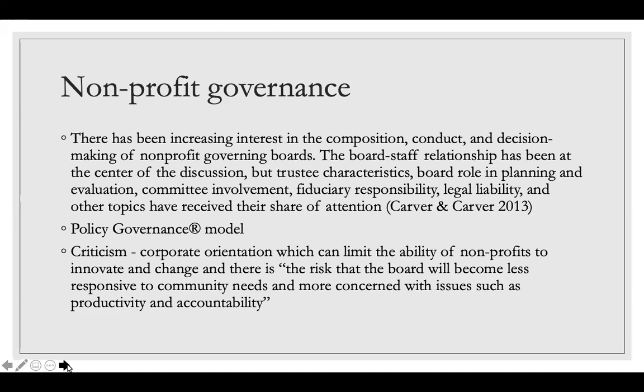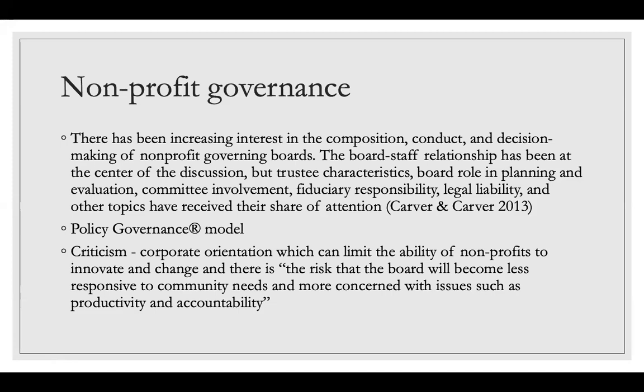And importantly, it seeks to differentiate, and this is where boards often run into problems with management. The model focuses on differentiating between the role of management and the governance role of the boards. So managers manage and the board governs.